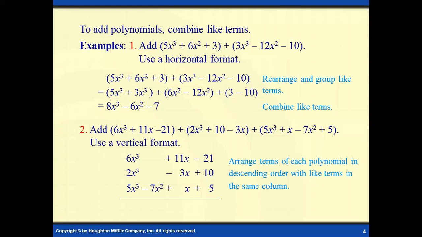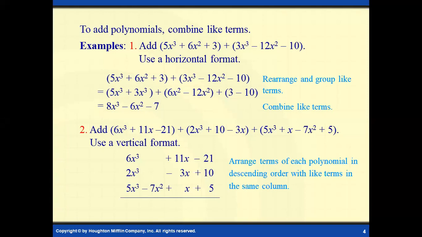Let's do this together. Let's arrange them. It's your choice if you want to arrange them or you just want to collect terms. So let's just make everything in one line and then we collect terms. We have opened the brackets. You have 6x cubed plus 11x minus 21 plus 2x cubed plus 10 minus 3x plus 5x cubed plus x minus 7x squared plus 5.